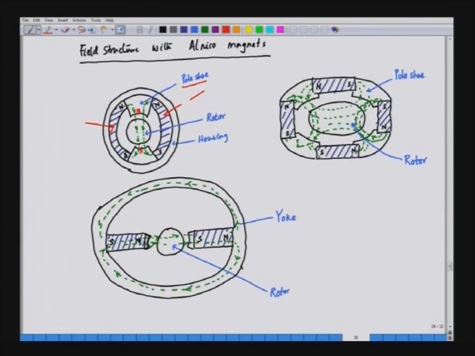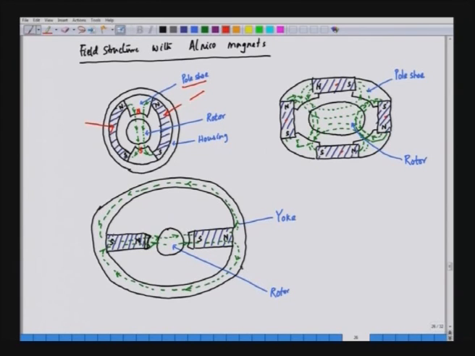Now, for a four pole structure, the structure will be like this with alnico magnets, which are thin and long. So, this is one magnet, 2, 3 and 4, and these 4 magnets in total result in 4 poles, 2 north poles and 2 south poles.